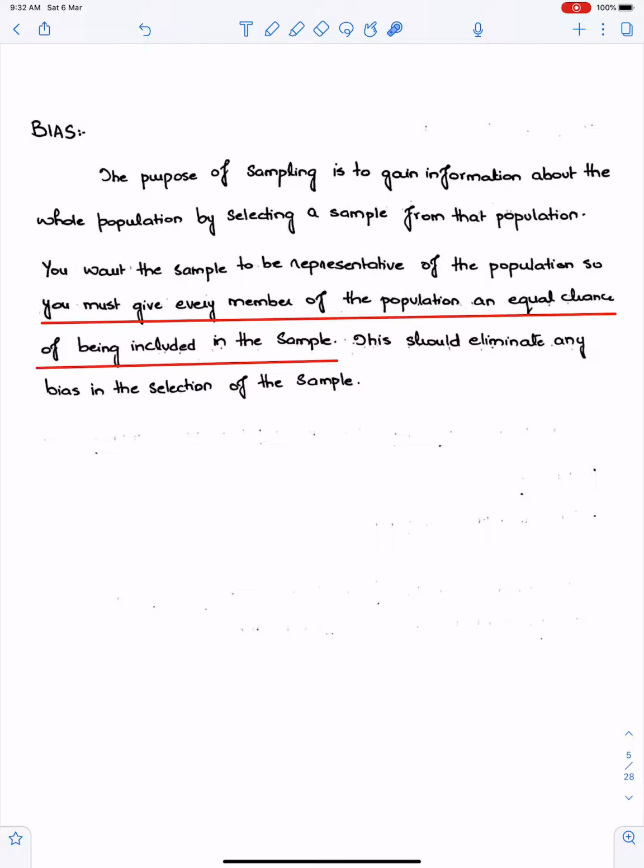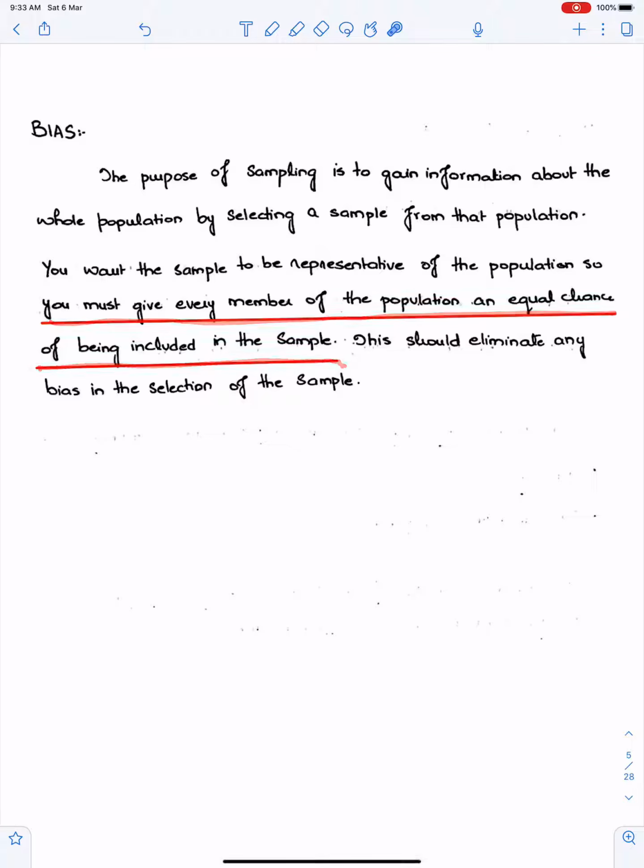Bias. The purpose of sampling is to gain information about the whole population by selecting a sample from that population. You want the sample to be a true representative of the population. So you must give each member of the population an equal chance of being selected in the sample.